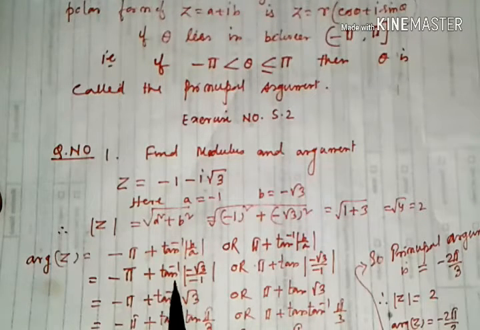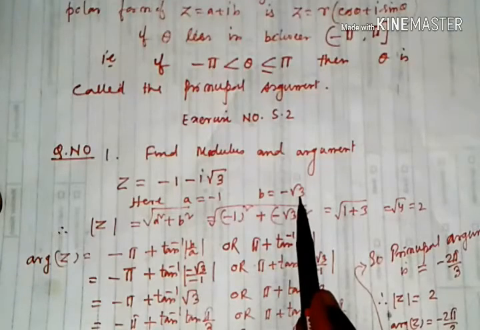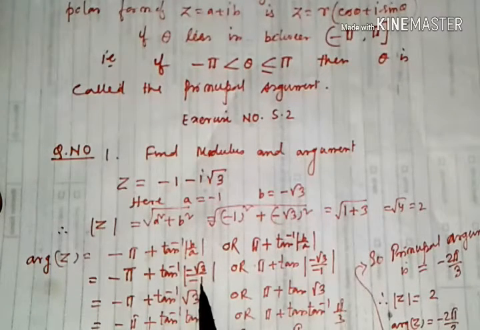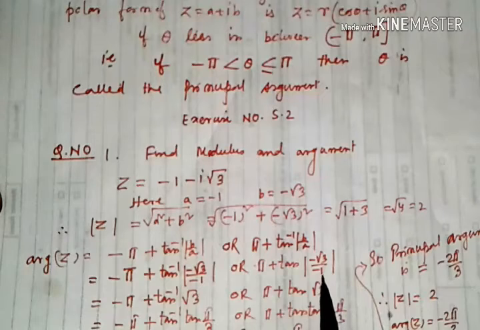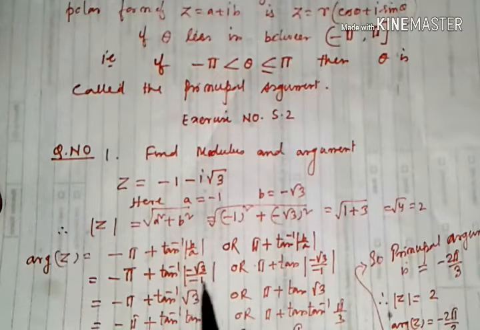That is minus pi plus tan inverse of minus root 3 over minus 1, which is tan inverse root 3. What is root 3? This is tan 60 degrees, and 60 degrees in radians is pi by 3.